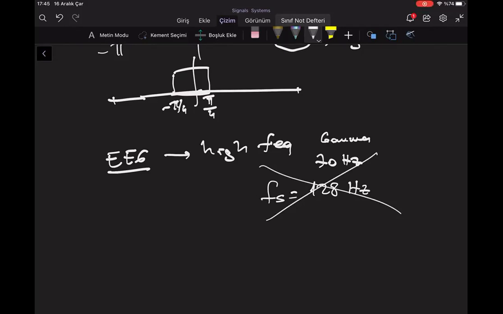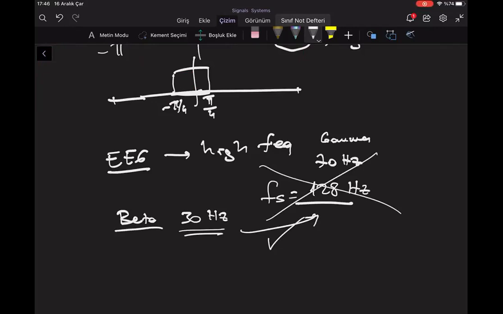I cannot sample gamma activity. But if I have 128 and I'm only interested in bands limited to beta waves, up to 30 hertz, this is appropriate. No problem.